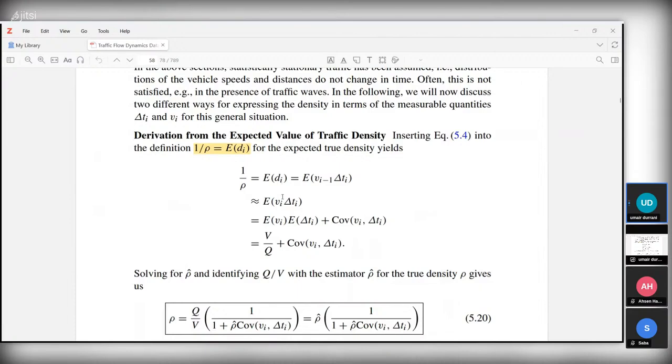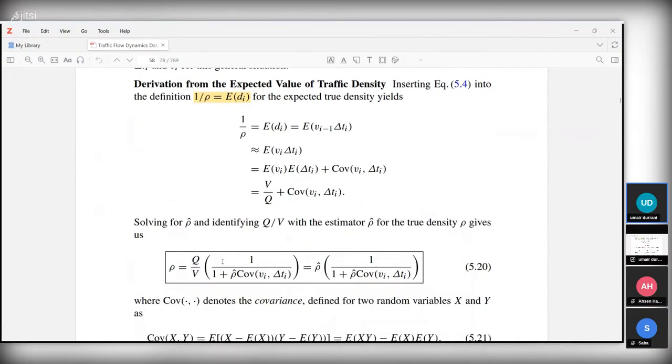So based on that, they derive this equation. Rho is equal to Q over V, as we know before, but now this part is added. We are considering rho hat, which is using the time mean speed, times the covariance between the speed and the time headway. So let's discuss the speed and the time headway.